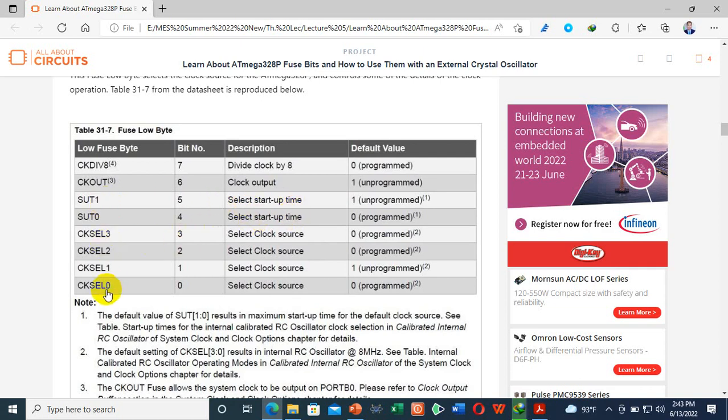Now this is clock select 0, clock select 1, 2, 3. By using these 4 bits, you can define the clock source. Initially, by default, it is 0, 0, 1, 0. If it is 0, 0, 1, 0, then it selects the internal 8 megahertz oscillator. That's in the data sheet.